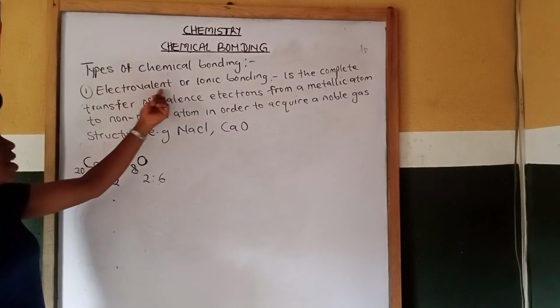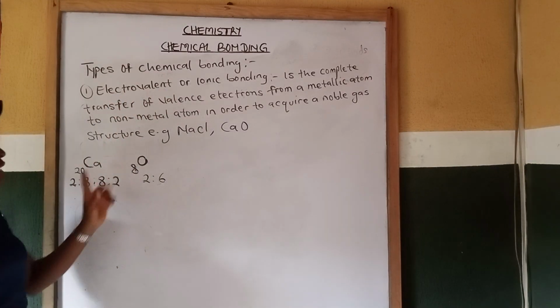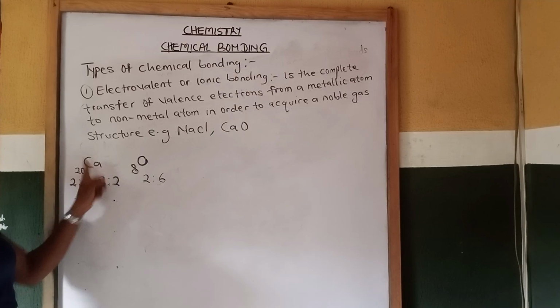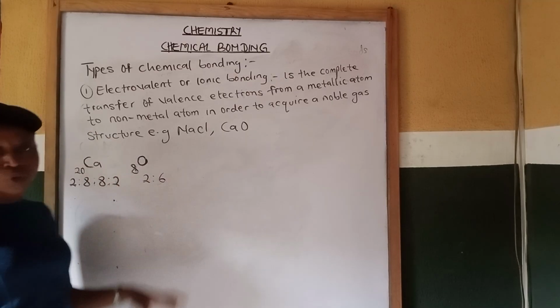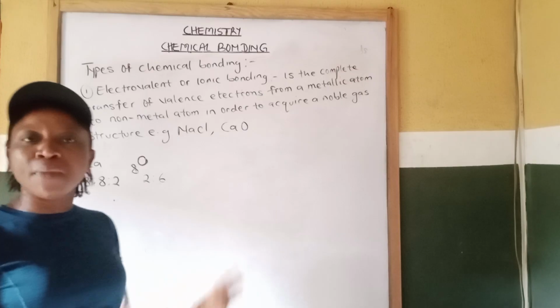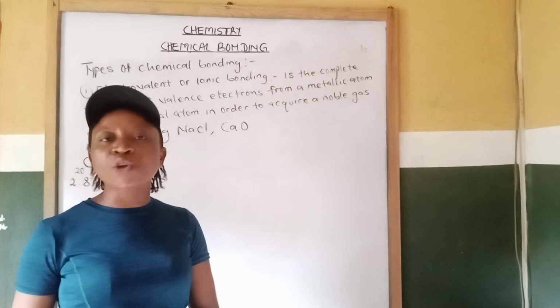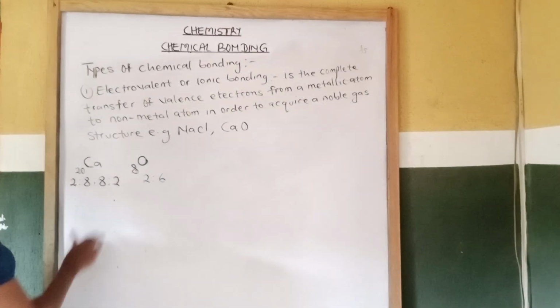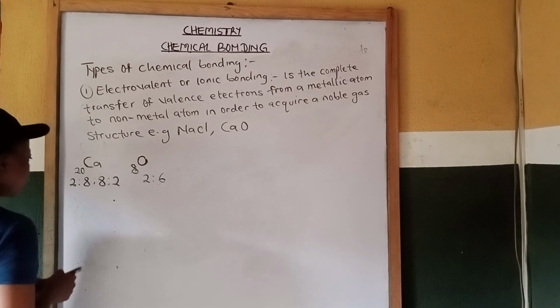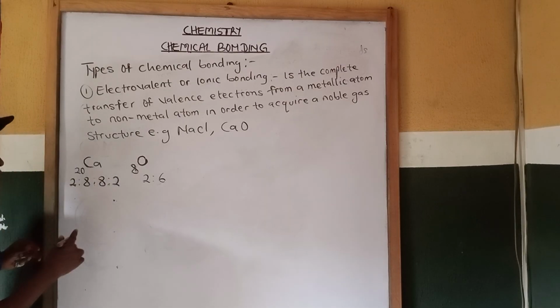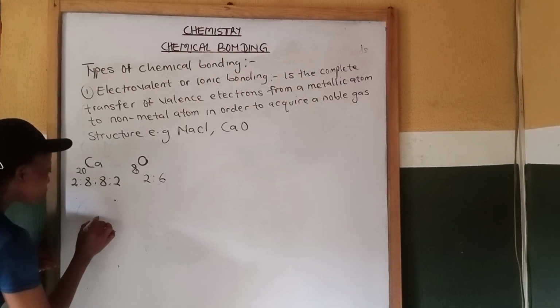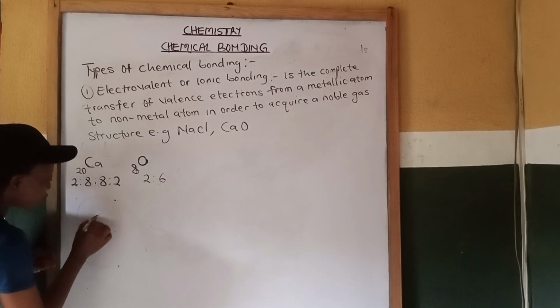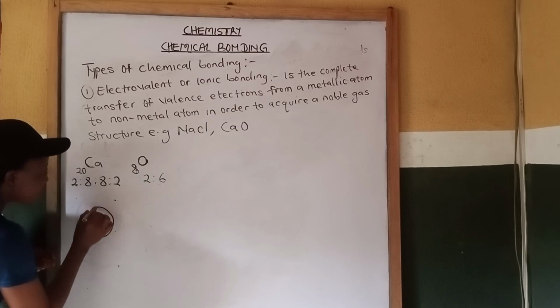Then what is electrovalent bond? It is the complete transfer of electron from a metallic atom to a non-metallic atom. So an electrovalent compound consists of a metallic atom and a non-metallic atom. Now let's look at the structure of how they combine together. So the first shell will carry 2. Then the second shell will carry 8.